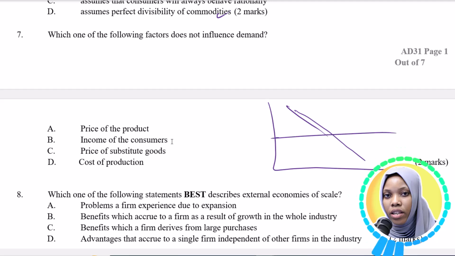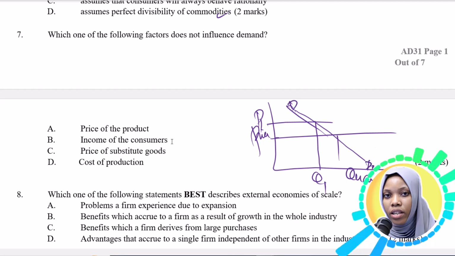And we have price and quantity. If the price increases to P1, then our quantity is going to decrease to Q1. Suppose income of consumers increases, then they are going to increase their demand to maybe D1.